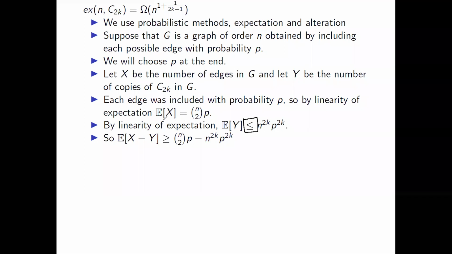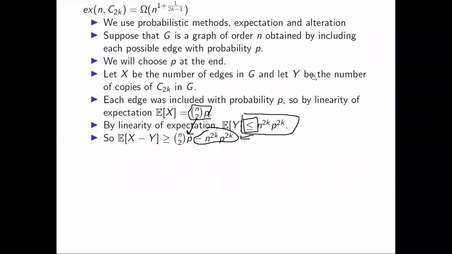All we're using here is that the expectation of X equals n choose 2 times p. That's how we got this term. And then this is less than or equal to n to the 2k times p to the 2k, so when we subtract the Y, it becomes greater than or equal to negative n to the 2k, p to the 2k. So that bullet is immediate from the last two bullets.